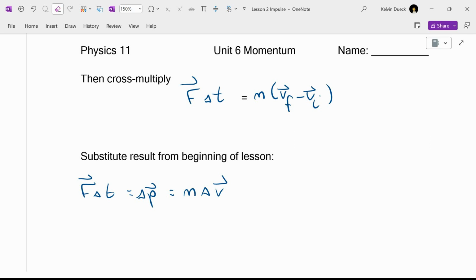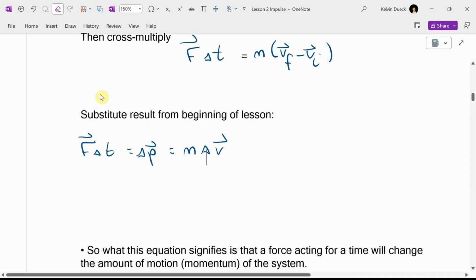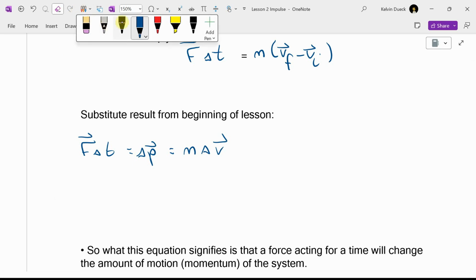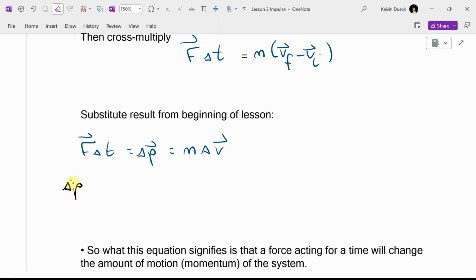You have a bit of room underneath, or above or to the right of it. Here's what this really means. Sometimes you can find impulse, change in momentum, by going force times time. That's one version. Or sometimes you can find the change in momentum by going m v final minus m v initial.